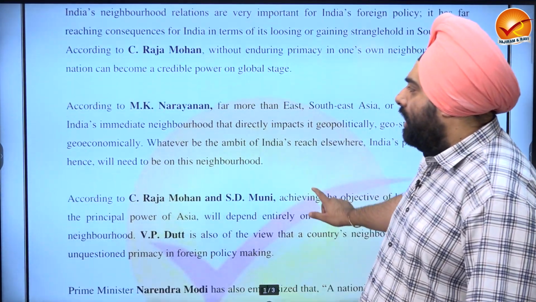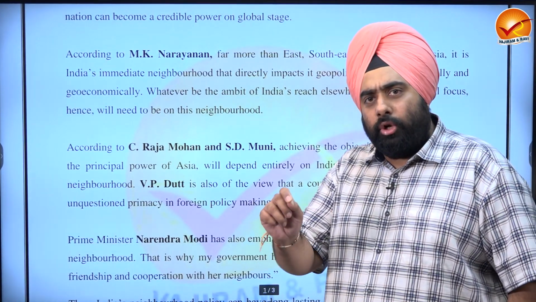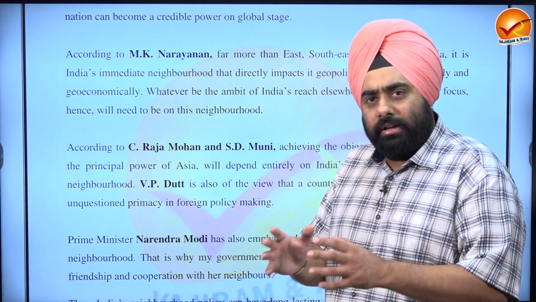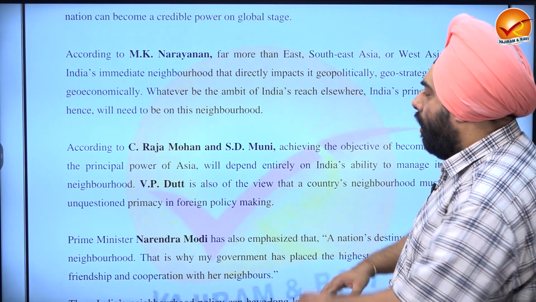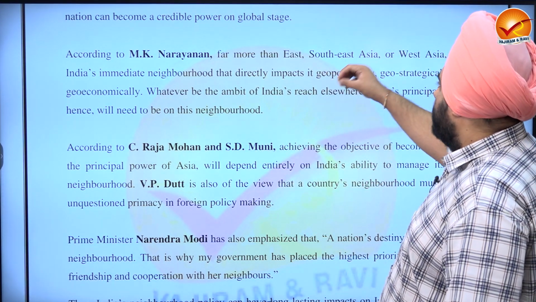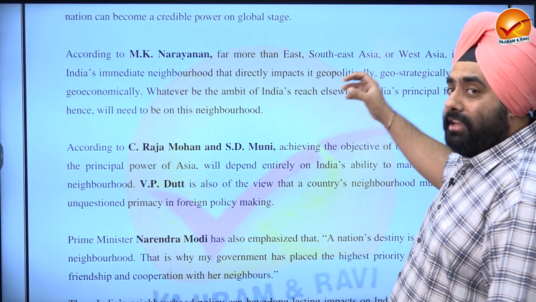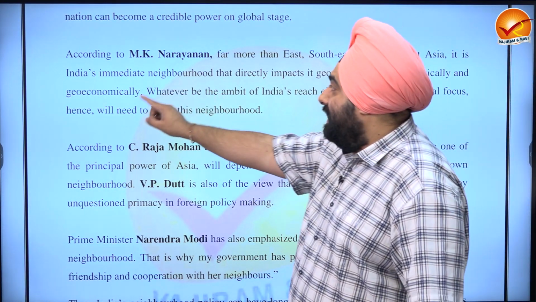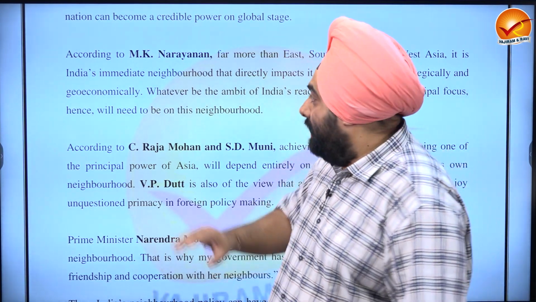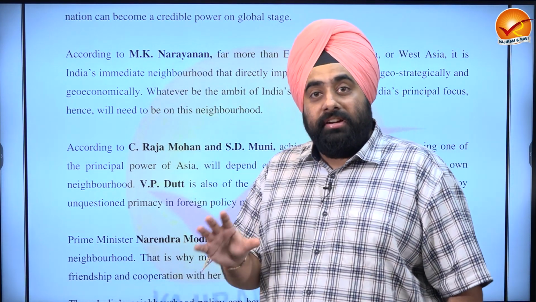Also, I would like to quote here our former National Security Advisor, M.K. Narayanan. M.K. Narayanan has also said something very similar. He has said that out of all the countries which are surrounding India, whether it is East Asia, Southeast Asia or West Asia, the most important is India's immediate neighborhood. So, our former National Security Advisor M.K. Narayanan says that the most important is India's immediate neighborhood.